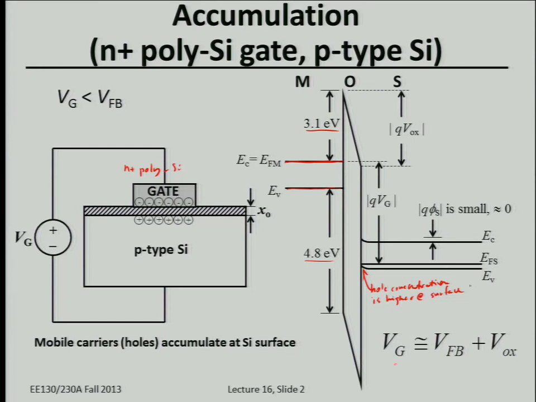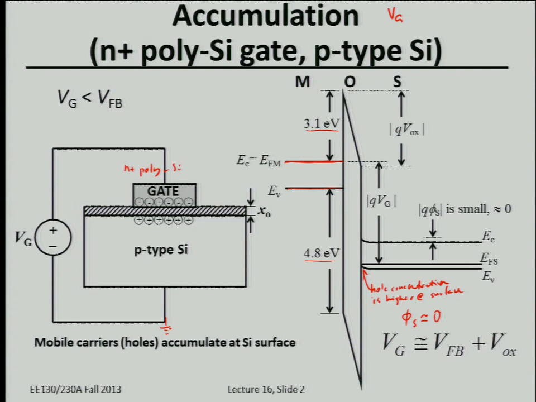So we'll just approximate the total band bending in the silicon to be negligible, let's say 0.